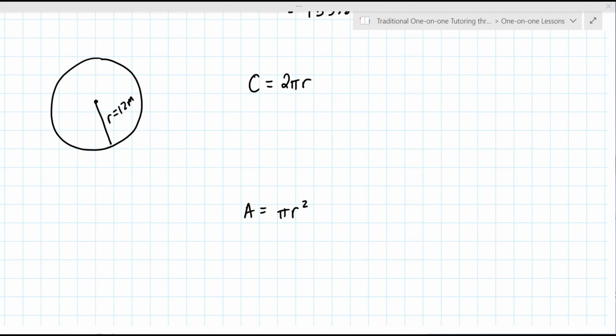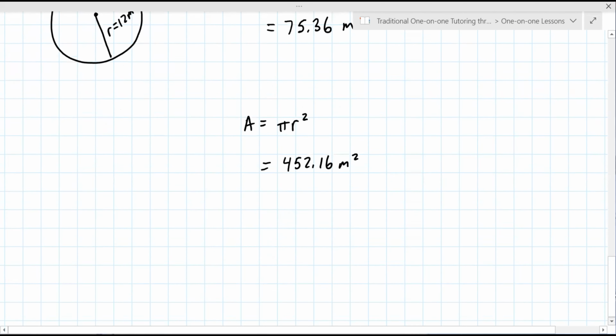Circumference equals 75.36 meters. Okay, good. And how about for area? 452.16 meters squared. Perfect.